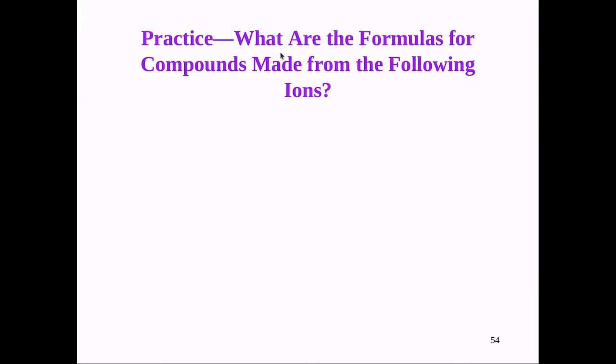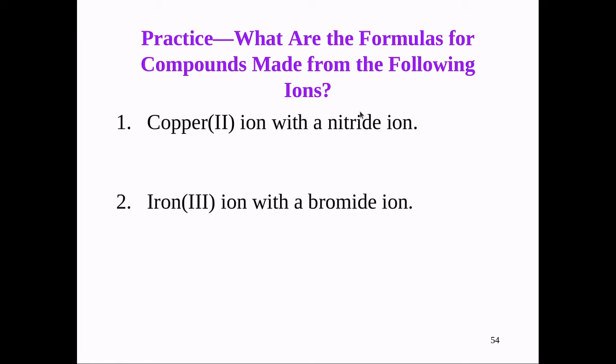So let's see if we can figure out what the formulas are from the following ions. If we have a copper 2 ion with a nitride ion, or if we have an iron 3 ion with a bromide ion. I'll give you guys a second to try that.